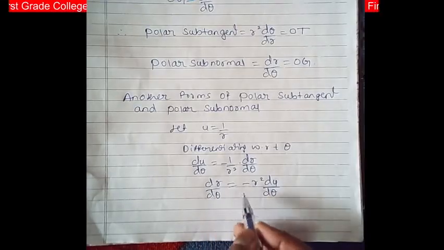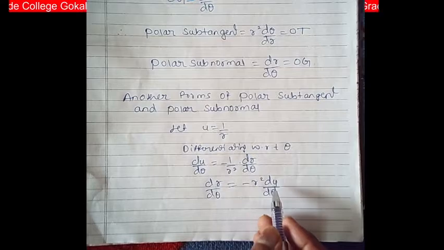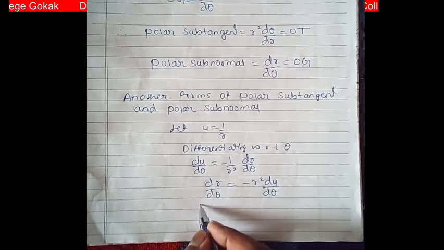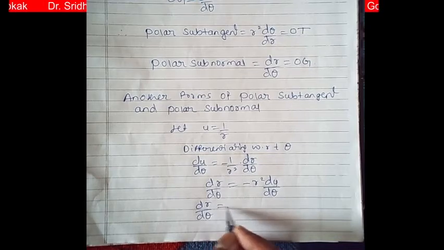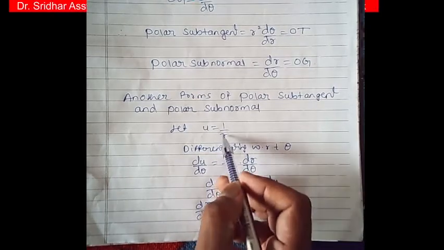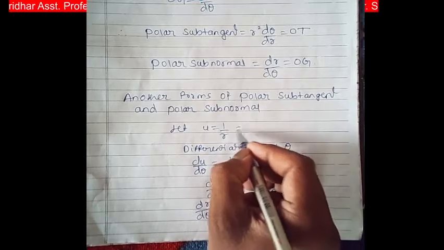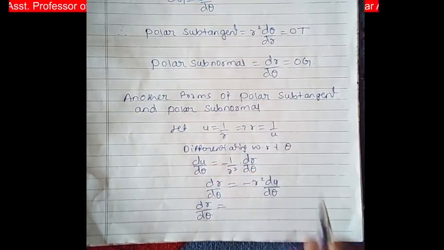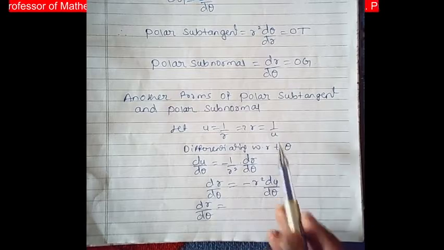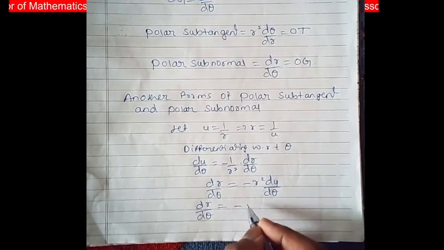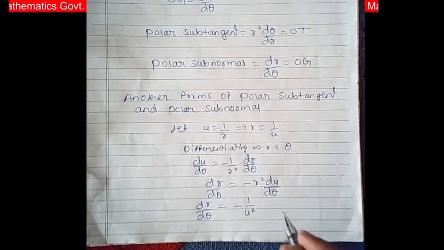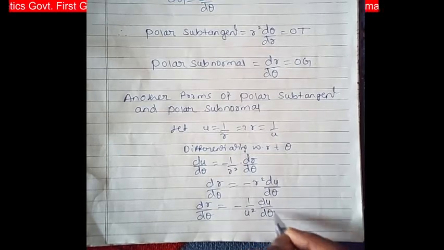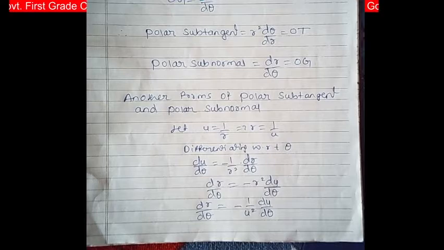So dr by d theta is equal to minus r square into du by d theta. Since u is equal to 1 by r, which implies r is 1 by u, we substitute the r value here, which gives minus 1 by u square du by d theta. So dr by d theta is equal to minus 1 by u square du by d theta.